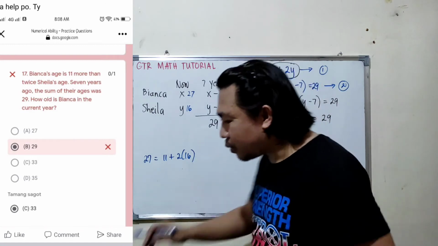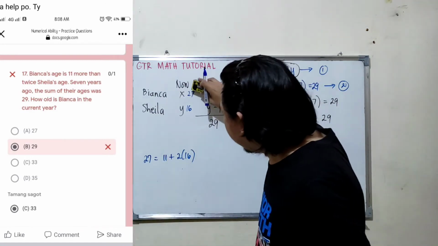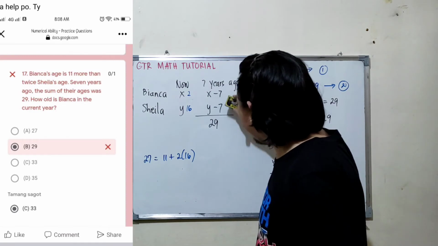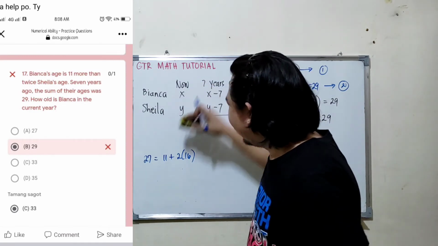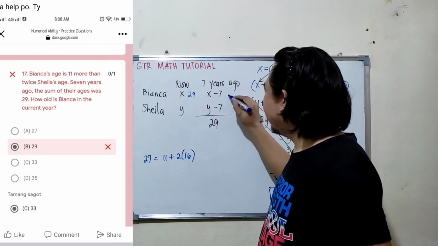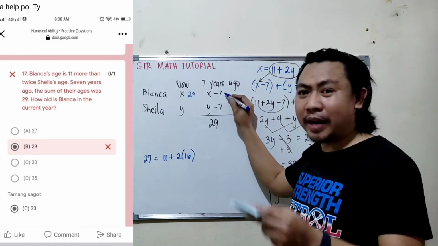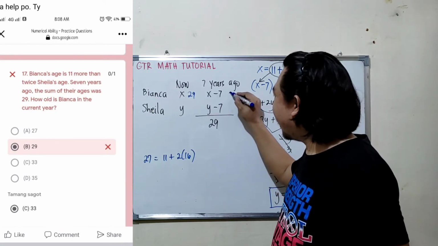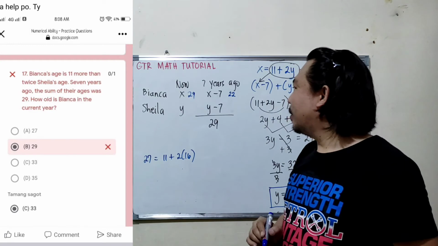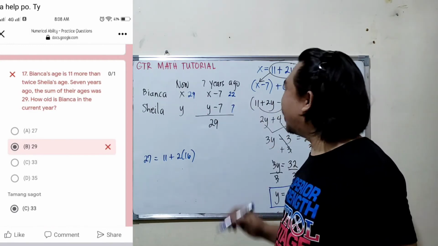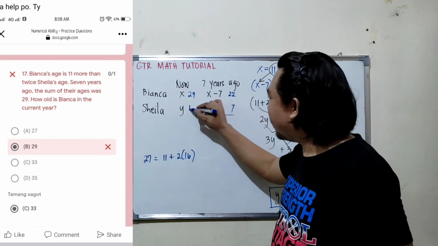Try naman natin si 29. Trial and error tayo. Hindi pwede si 29 dito, kasi kung ito ay 29, magmi-minus pa pala ng 7, magiging 22. Kung 22 ito, 29 ang sum, ito ay 7. 7 years ago, 7 plus 7, 14.